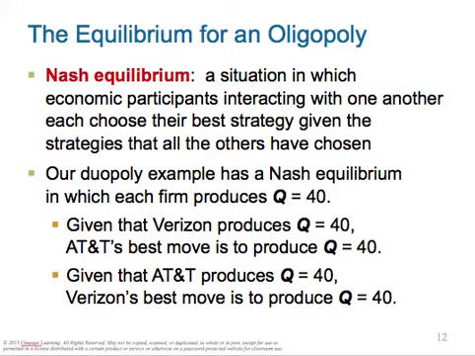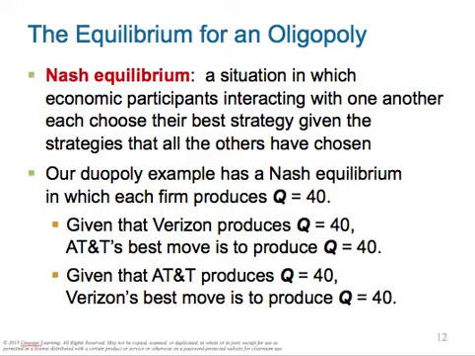Given that Verizon produces a quantity of 40, AT&T's best move is to produce a quantity of 40 as well. Given that AT&T produces a quantity of 40, Verizon's best move is to produce a quantity of 40. So it's a strategic thing that says, hey, this is the best thing for me. Where should I produce? They both end up at an equilibrium of 40.